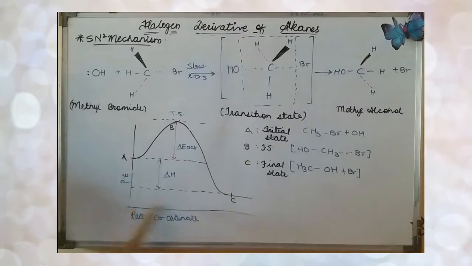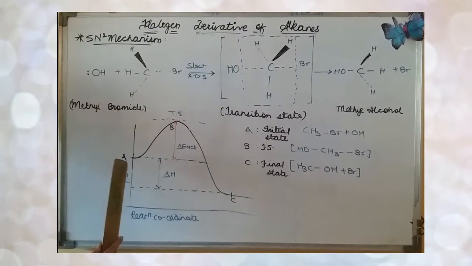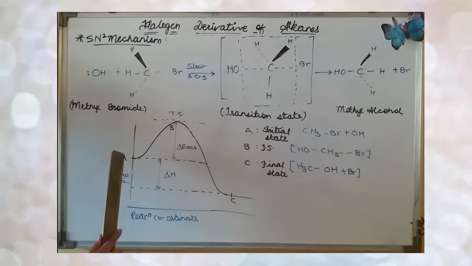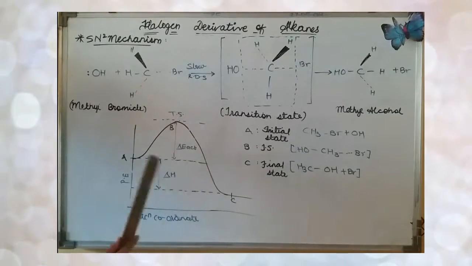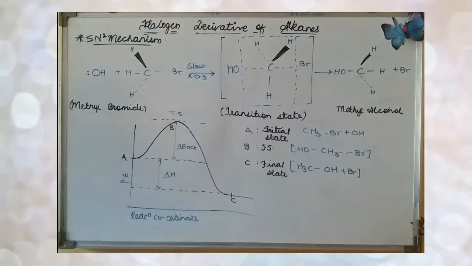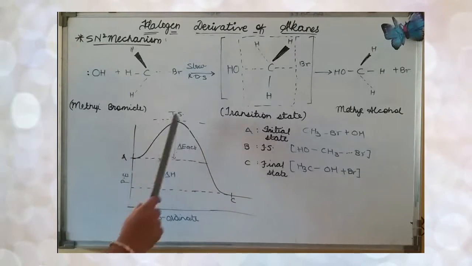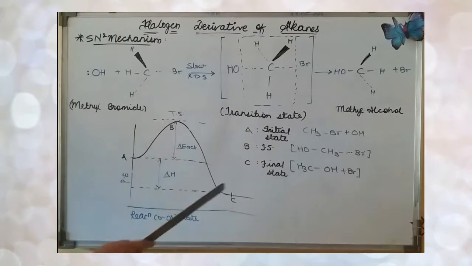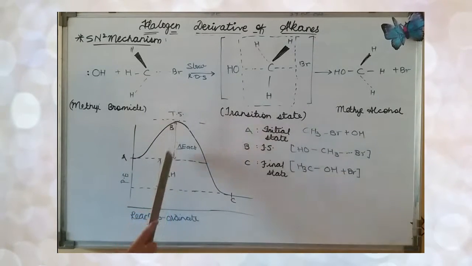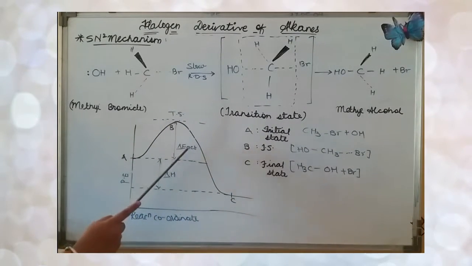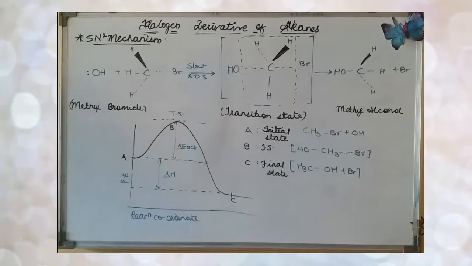So this is the energy profile diagram, and the energy between the initial state and the final state is known as delta H. The energy between A and B, initial state and transition state, is known as delta E of activation, or energy of activation, which the reaction needs to be transferred.